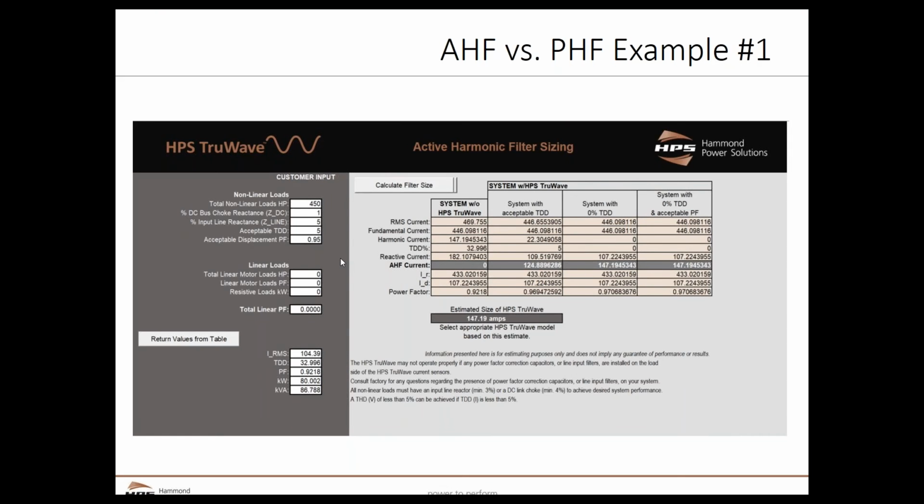Yes, if you look towards the upper left where it says customer input, there's a line for percent DC choke reactance, and then the next line is percent input line reactance. So it takes into account how much DC choke impedance you have and how much input line reactance you have to determine what the current is that's required from the active filter.